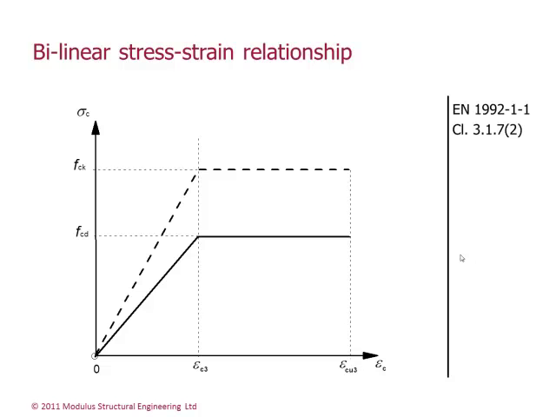The next stress-strain relationship is bilinear, so we have a linear elastic stress-strain relationship up to the concrete design strength, and then again we have constant stress for increasing strain. And while it's getting simpler, there are simpler methods that we're going to show you that you'll find easier to use in the first instance.